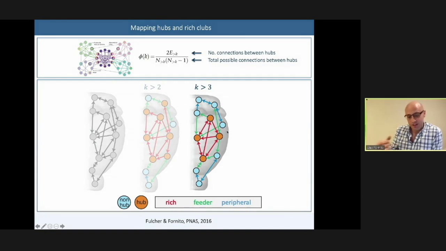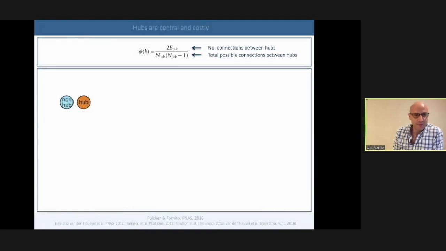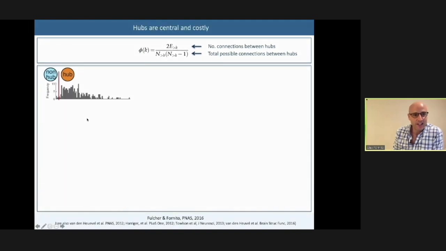And again, if we become more stringent and say, okay, all nodes with more than 4 connections are hubs, then we just have 2 nodes and 1 rich link. So when we take this to actual data, in this case here, we see the degree distribution of the mouse brain. So remember, degree is the number of connections attached to each node. And here we see how that's distributed across all nodes of the mouse brain, different regions.